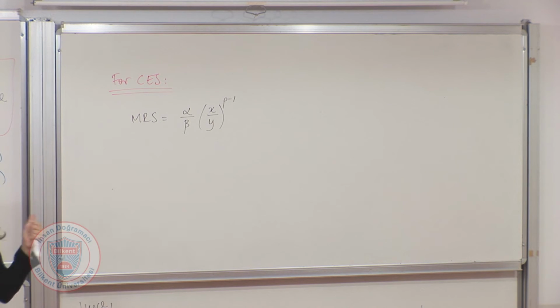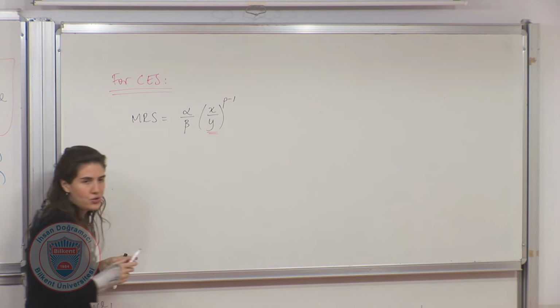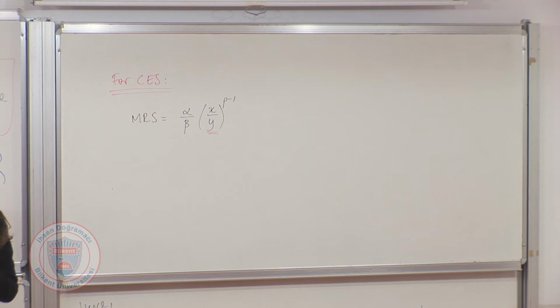So you see that it's homothetic, and does the MRS depend on the actual value of x? No, right? It only depends on the x over y ratio, okay? So just keep this in your mind. It is pretty important, okay?